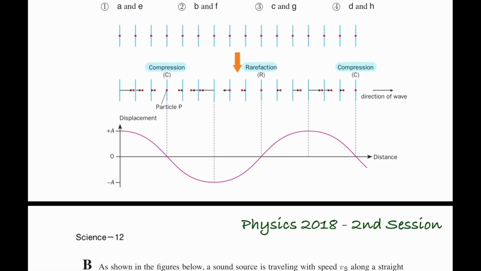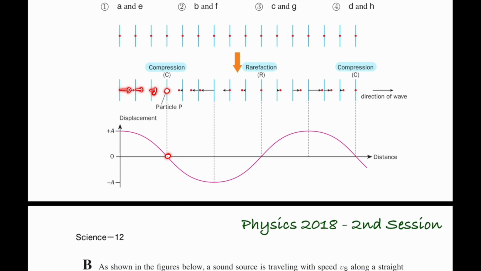As you can see from this diagram, this is the compression. The particle before compression is moved to the right. Since it is moved to the right, if we assume positive is the direction to the right, then if this point is a compression, the particle before that point must be moved to the right.